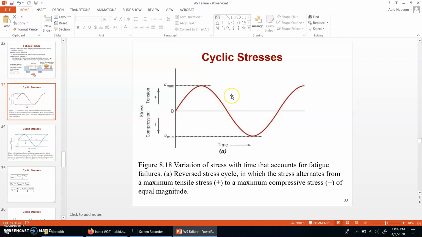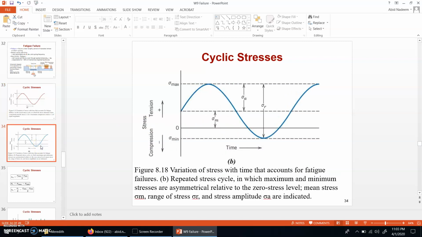Later on we will define some of the expressions for the average and the range of stresses in this case. So this is the first option, or first case, for the cyclic stresses. In the second case of cyclic stresses, the stress cycle also changes from tensile to compressive regions.